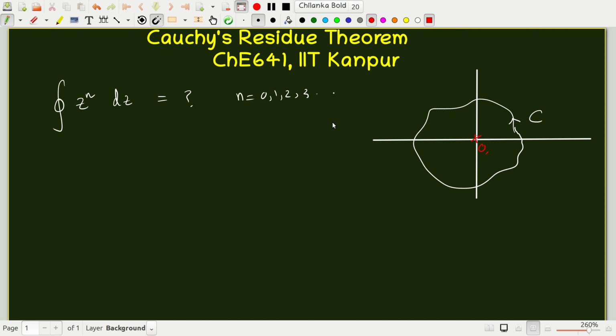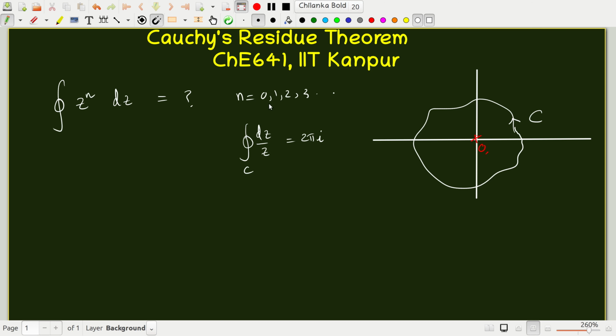Now, in the last module, we saw that the integral of dz over z, over this contour C, was 2 pi i. What about this when n is a positive integer, including 0?